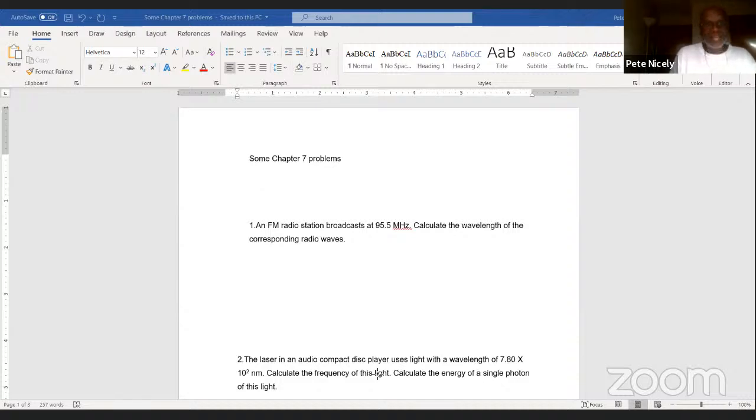Now, there are a couple of equations you'll be using in this particular group of questions. One is c equals lambda times nu, which relates the speed of light to the wavelength and the frequency of the radiation. Then there is lambda equals h over mv.